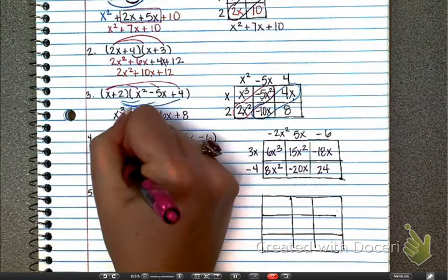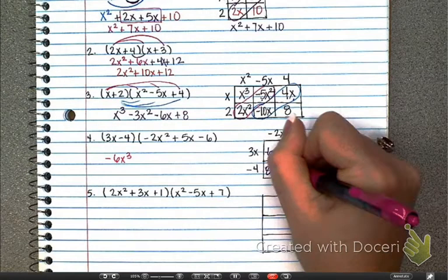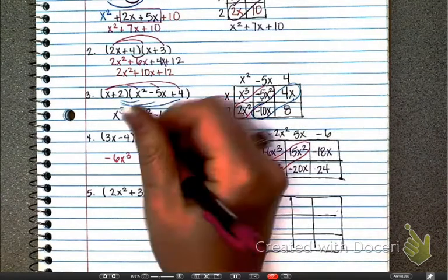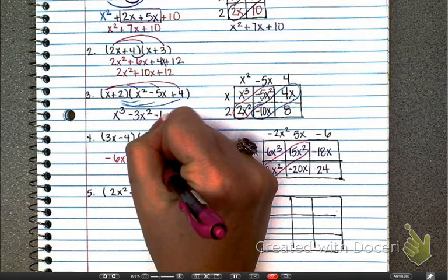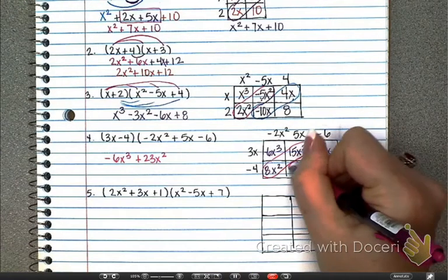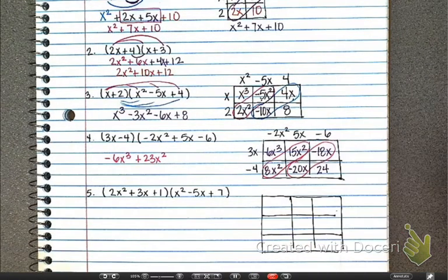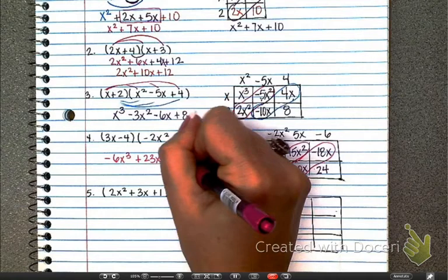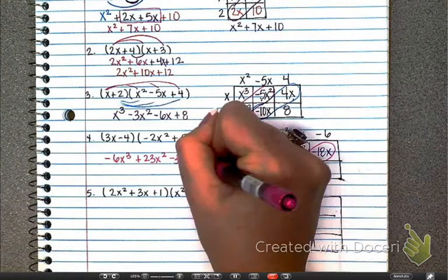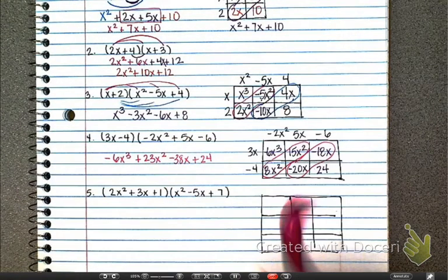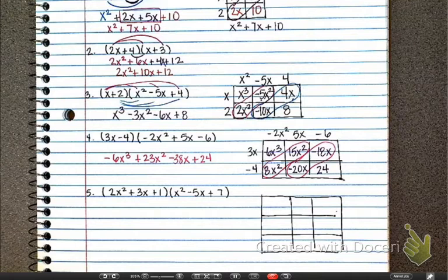So negative 6x to the third, 8 plus 15 is 23x squared. Negative 20 minus 18 is a negative 38x, and then I have that plus 24 at the end. Do we get that?